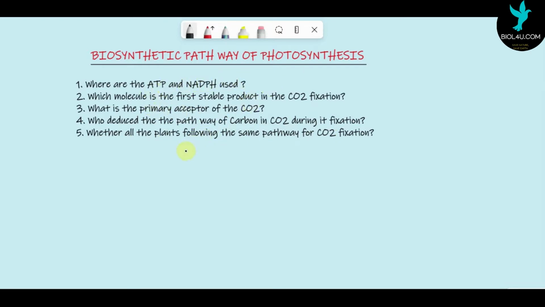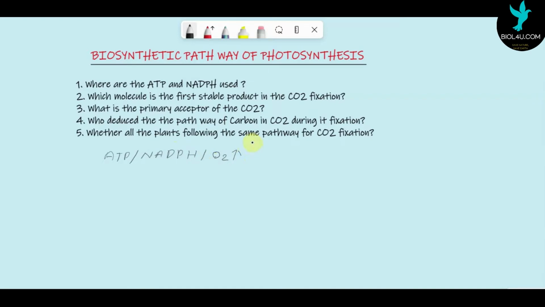We learned that the light reaction produces ATP, and at the same time it also produces NADPH. These are the products of the light reaction, along with oxygen. Oxygen is released out through the stomata.